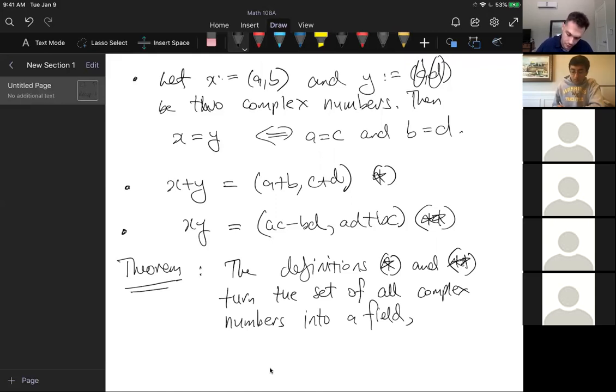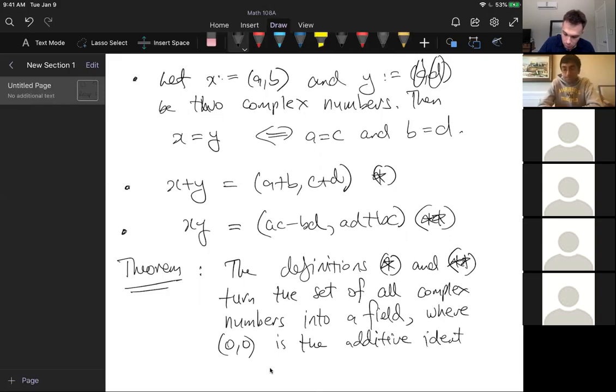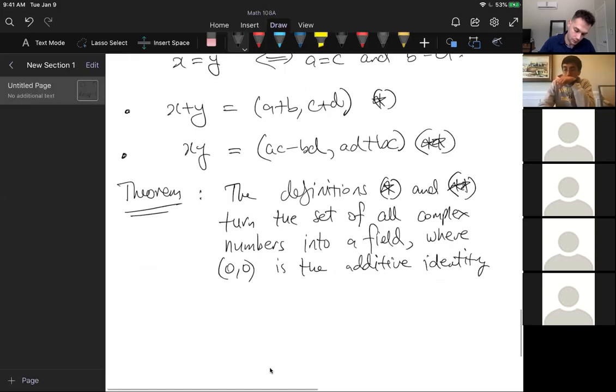In this field, the additive identity is (0, 0), and (1, 0) is the multiplicative identity.